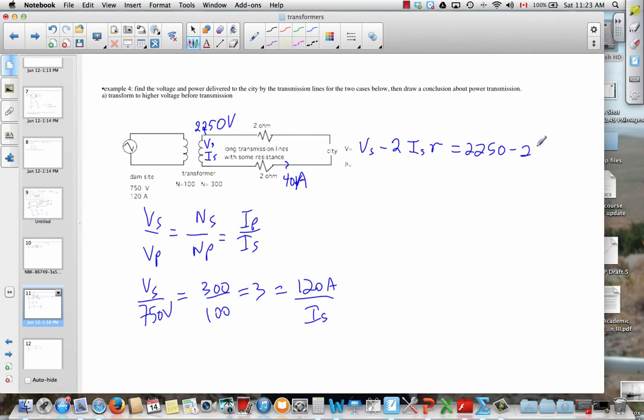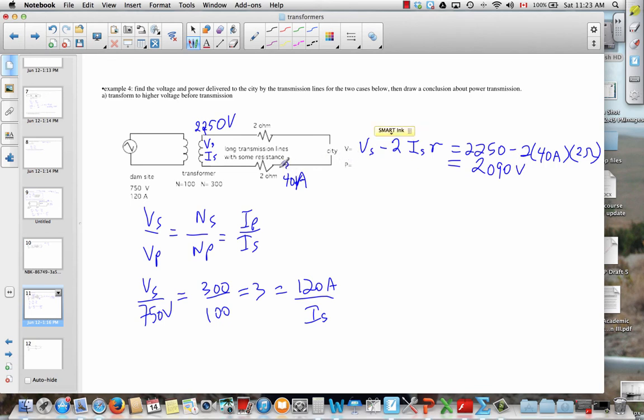So we've got 2 lines carrying 40 amps, which have 2 ohms of resistance. So the voltage that arrives at the city is lower, 2090 joules per coulomb.